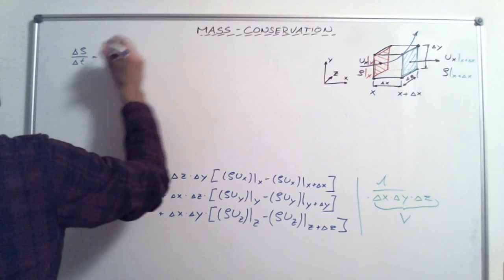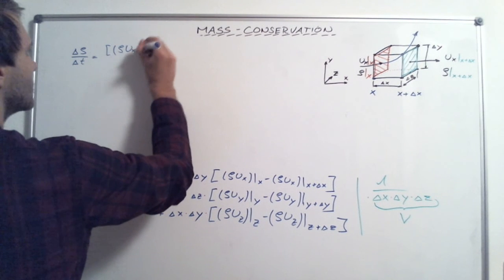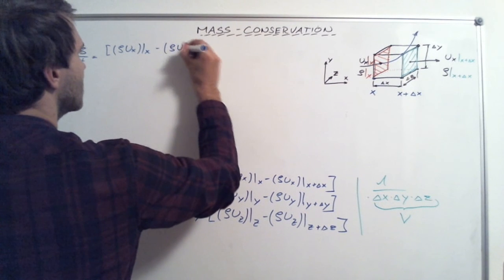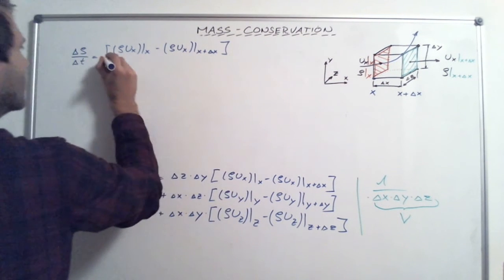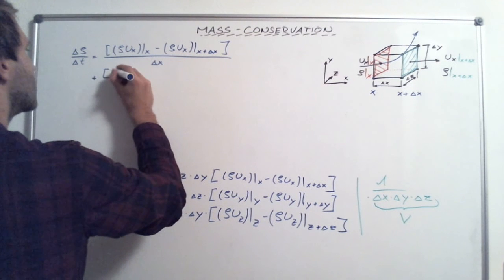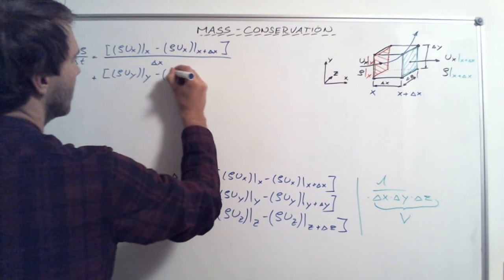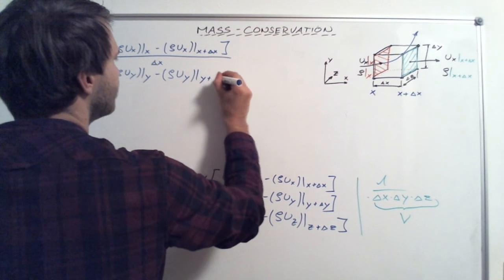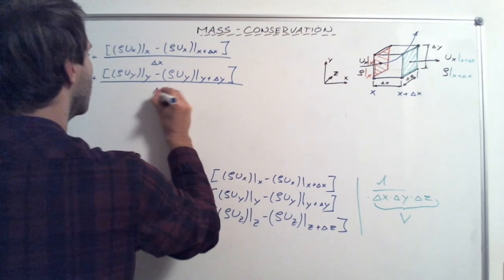Delta rho over delta t is equal to density velocity in x direction at the position x, minus density velocity in x direction at x plus delta x, and we have to divide this by delta x, and then we have the next term that expresses the fluxes that are going inside and outside in y direction. We have to divide this by delta y.